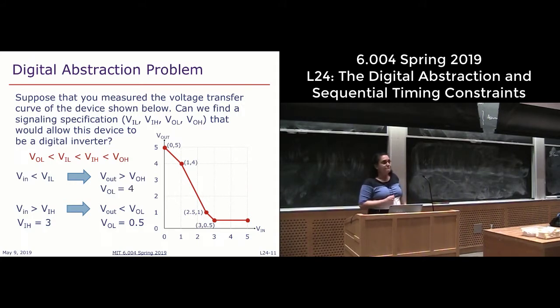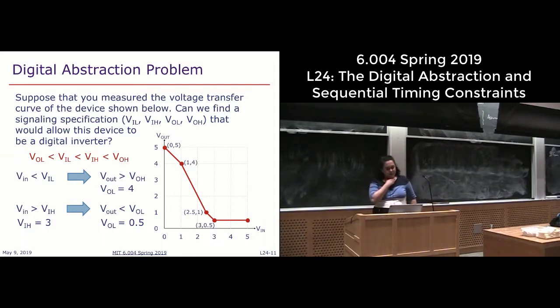So suppose that I try VOH of 4. I want to see if I can find a valid VIL such that this top inequality is satisfied and everything works well. So can I find a VIL that would satisfy this inequality and make this circuit behave as a valid inverter?